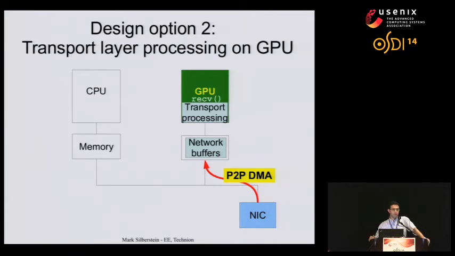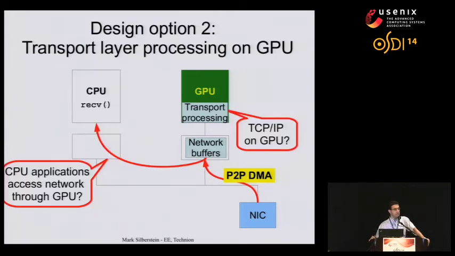This functionality allows a peripheral device to communicate directly over the PCI bus without involving the CPU at all. The downside, of course, is that we have to port some of the transport layer processing to the GPU. This sounds like a lot of fun. Another significant downside of this is that CPU applications would now have to access the network through the GPU. That sounds completely ridiculous, as a matter of fact.